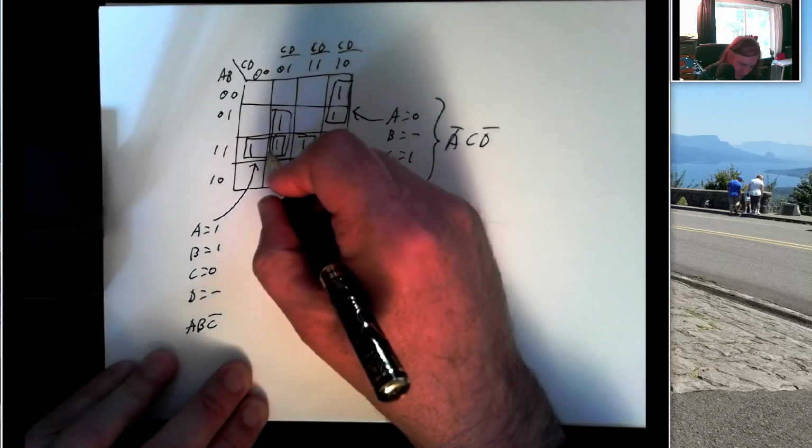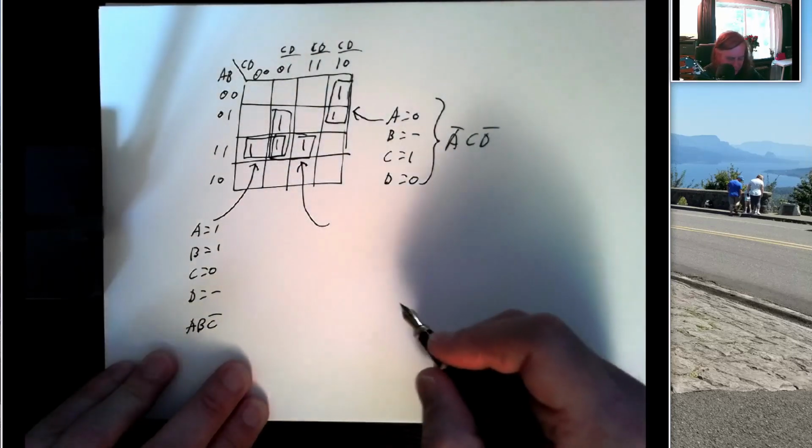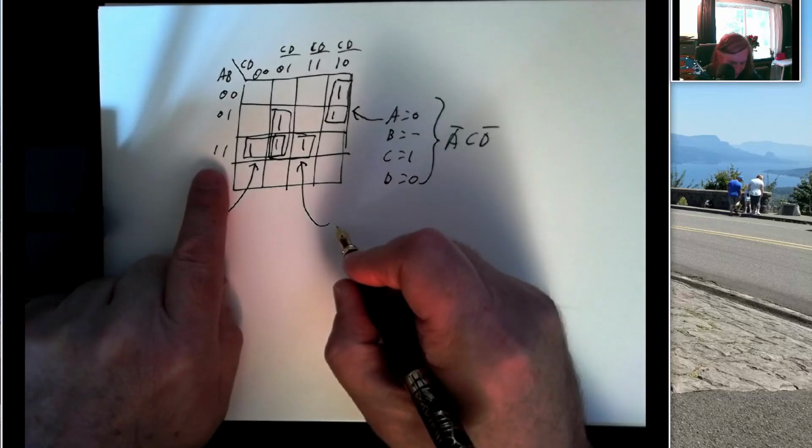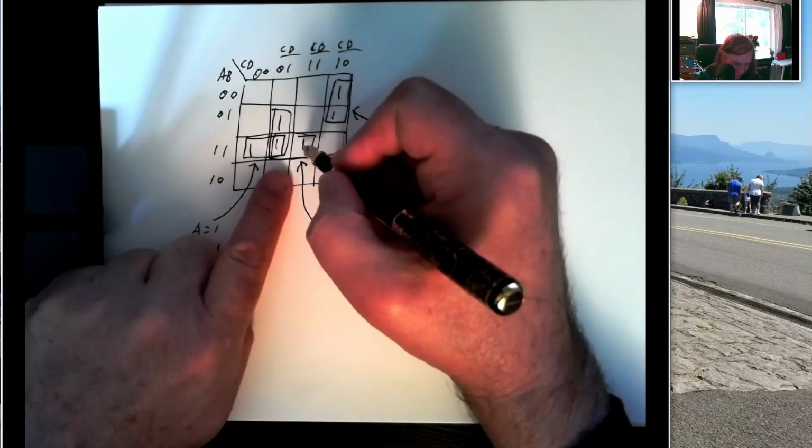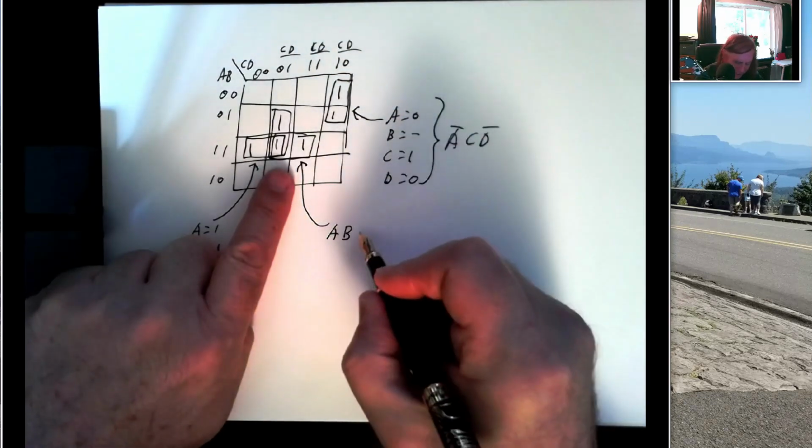And then this rectangle over here, this 1 down 2 across, let's just write it by inspection. A is a 1, B is a 1. C could be a 0 or a 1, so it doesn't matter, but D has to be a 1.